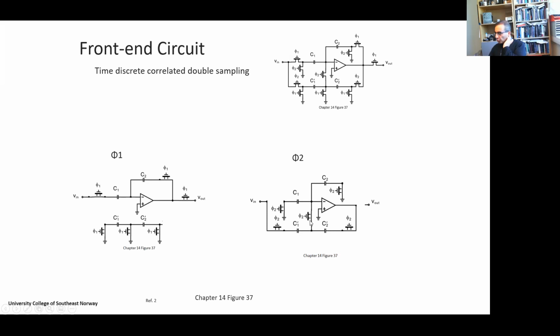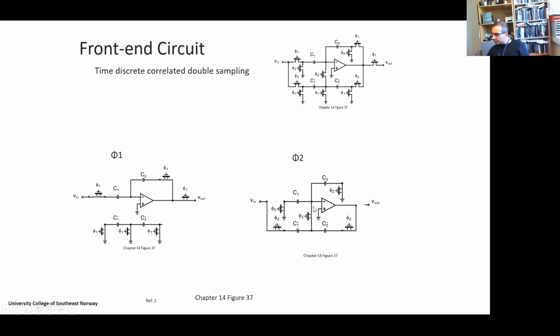But at phi2, if you look closer, C1 is connected to ground, is discharged, and C2 the same, but the input is going through the other clocks, through phi2 at the bottom line, and we have an amplification.